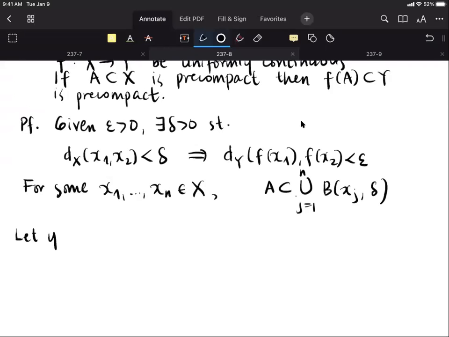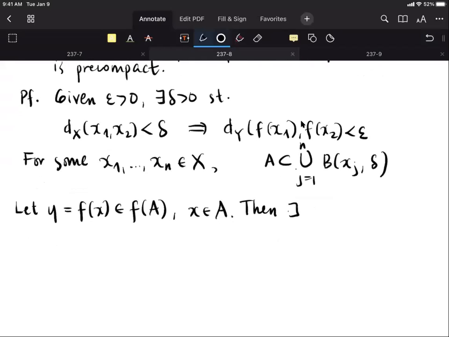Now, if I take an element of the image, that is y equal to f of x for some x in A, then there exists a j from 1 to n such that, since x is in A, it must be in this union, therefore x must be in this ball for some j. So the distance between x and xj is less than delta.